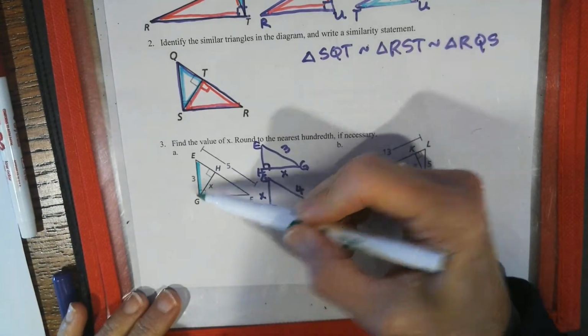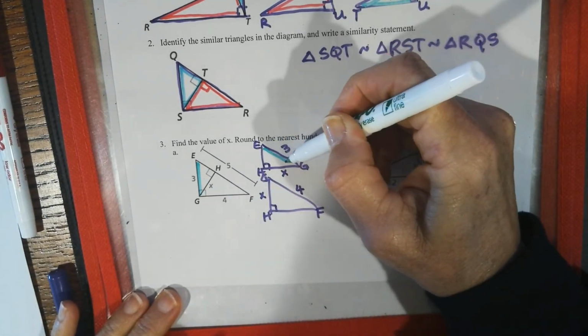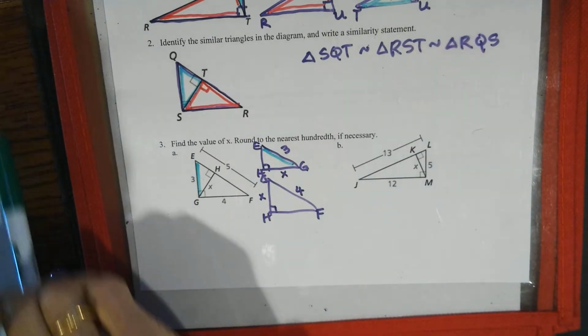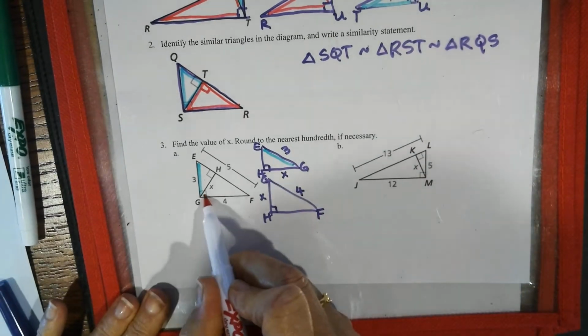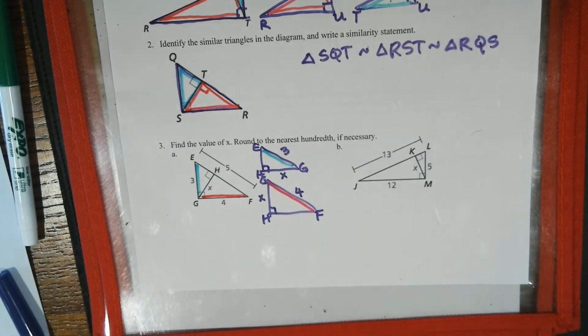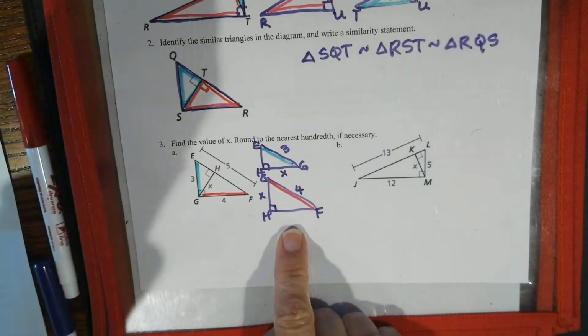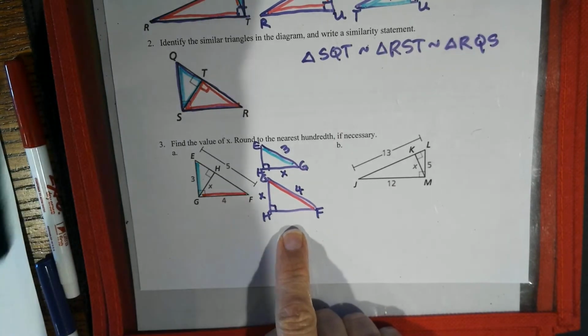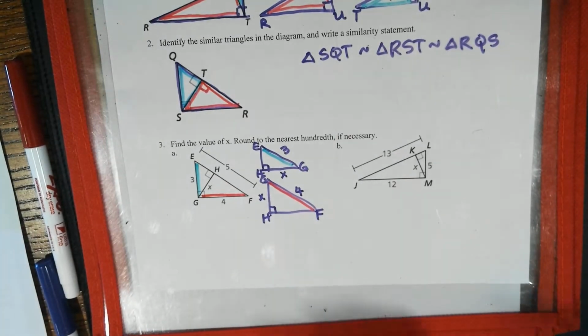I am just going to color code because I want to make sure I'm making sure the right thing. So I think what I'll do is I'll choose this one on the bottom here, and I'm going to write this proportion.